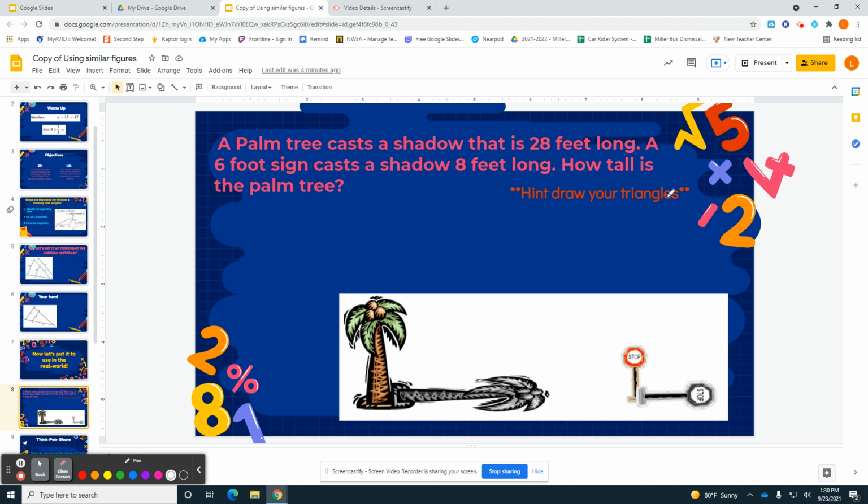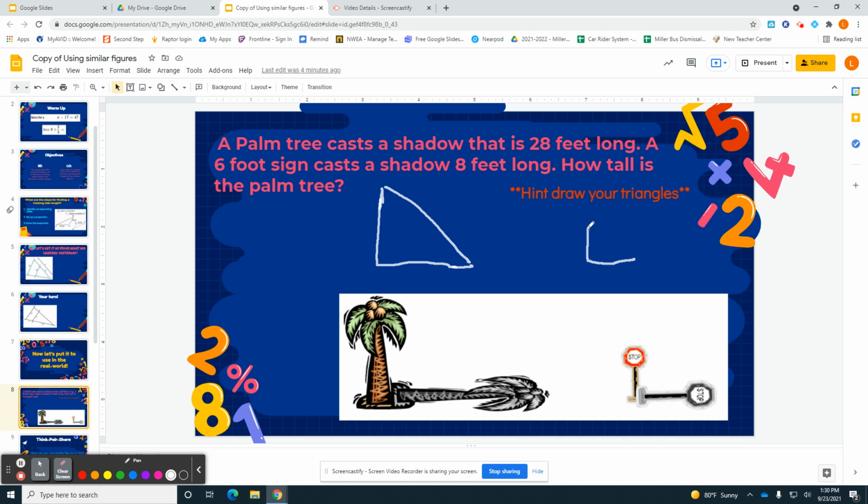So here it says, draw your triangles. You don't have these on your paper, so you would simply draw just a triangle. I mean, you can draw a palm tree if you want, or you can just draw a triangle.